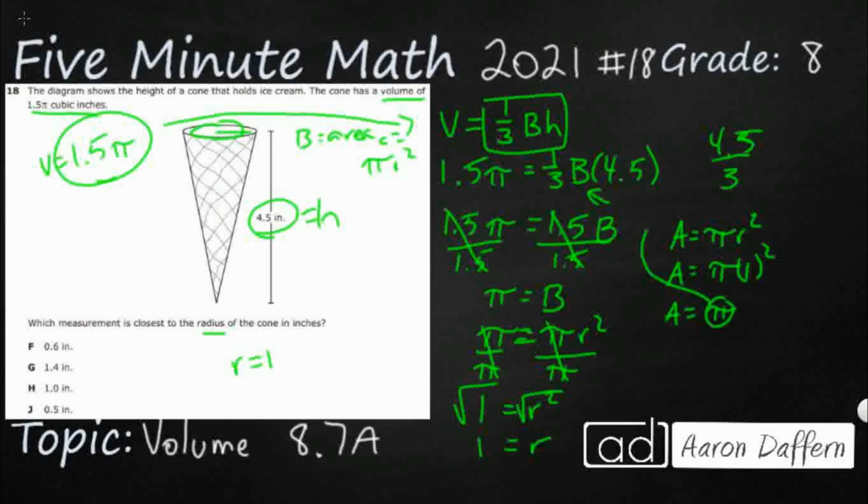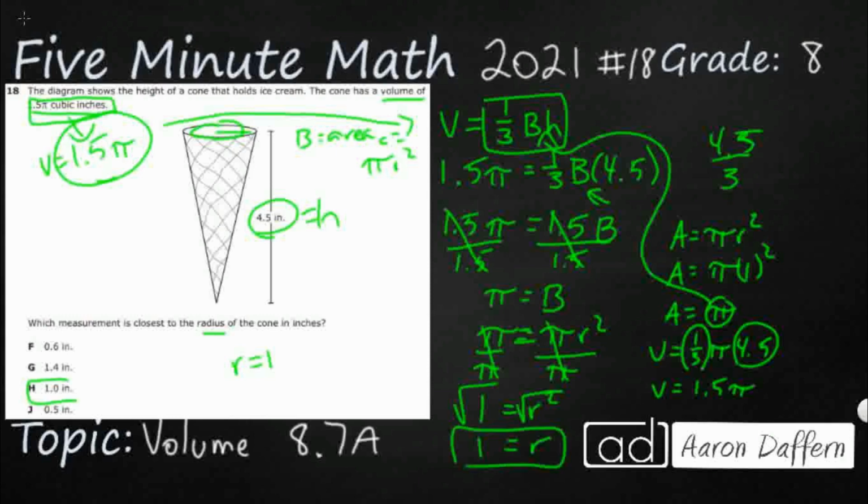So if I put that in here, my volume is going to equal 1/3 times pi, that's my base, times my height, which is 4.5. And then 1/3 times 4.5 volume equals 1.5 pi, which is what we said right here. So that is interesting. All right, so my answer here is going to be H1.